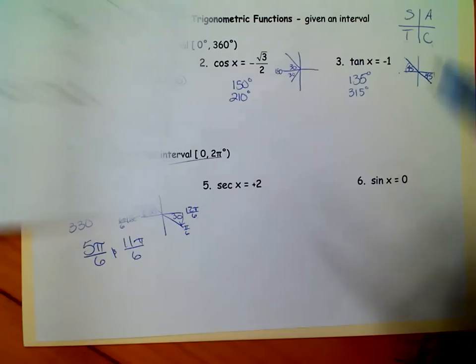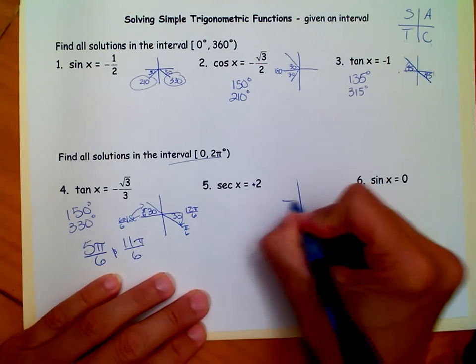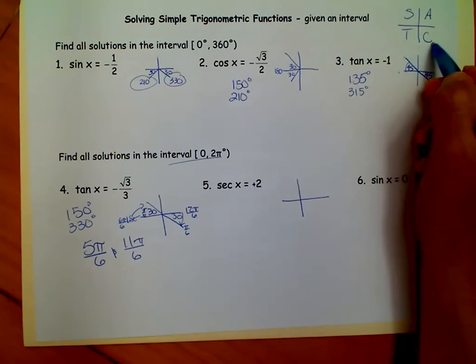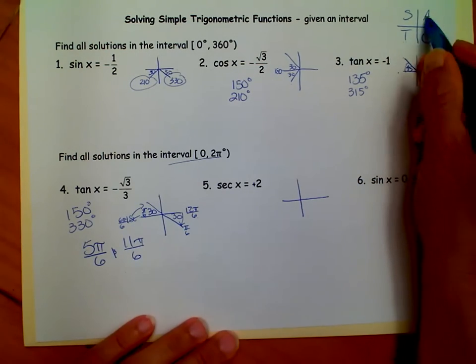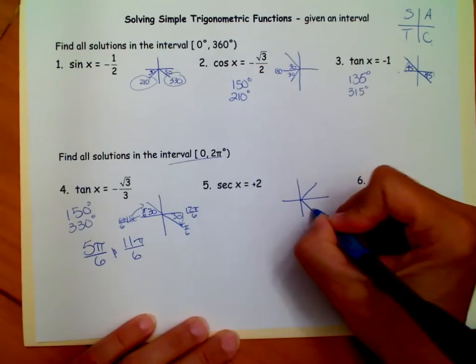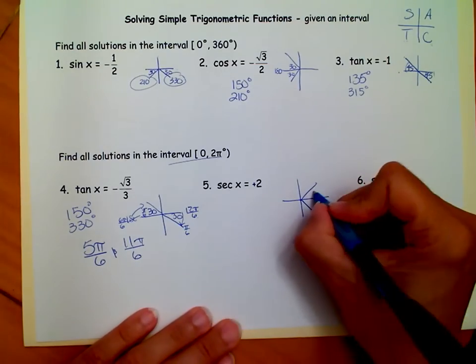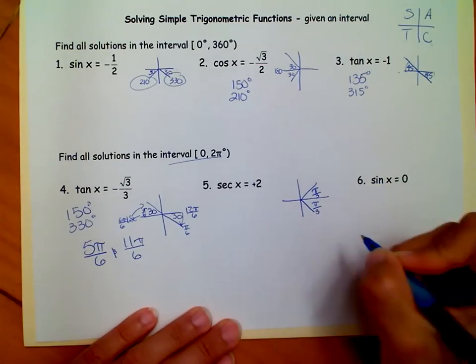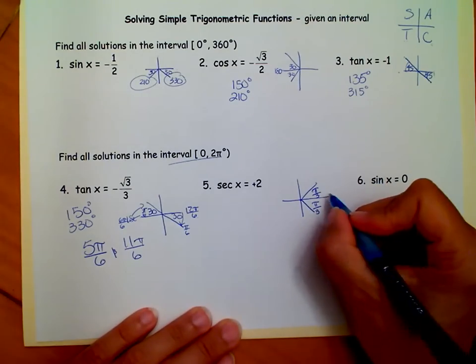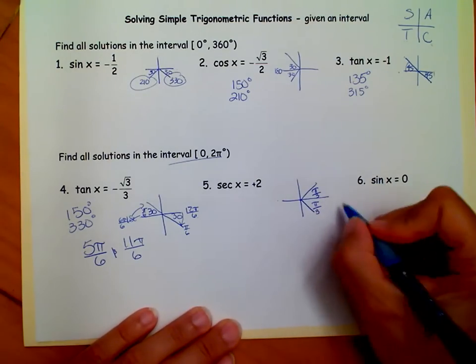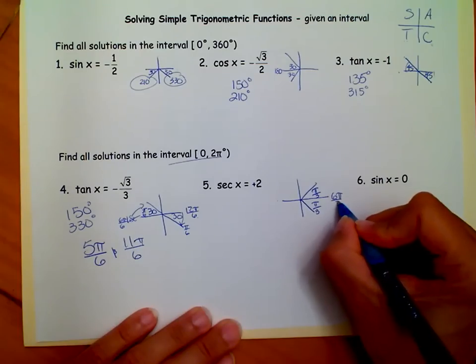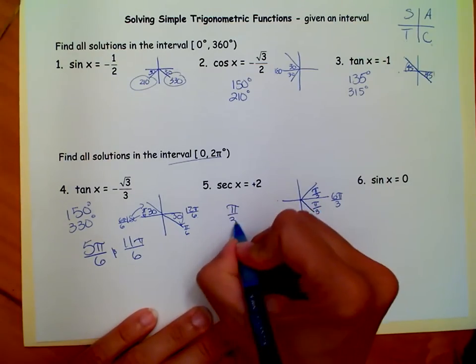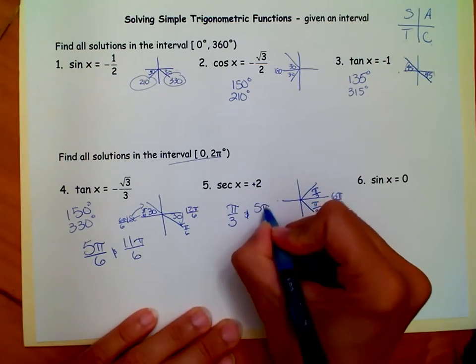So dealing with cosine, remember cosine and secant are positive here and here, and I know I'm at a 60-degree reference angle, or a pi over 3. That's the radian version of 60. So this is 3 pi over 3, this is 6 pi over 3. So I know I'm at pi over 3 and 5 pi over 3.